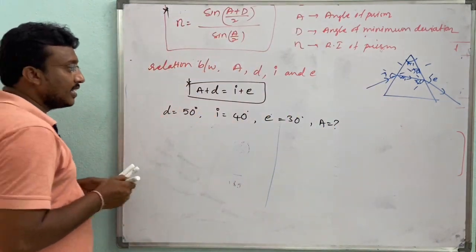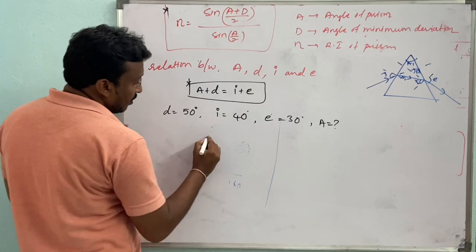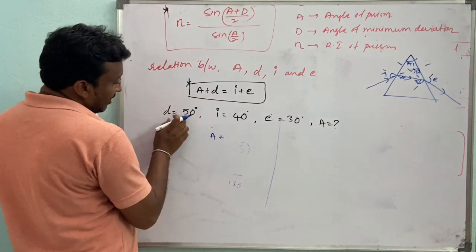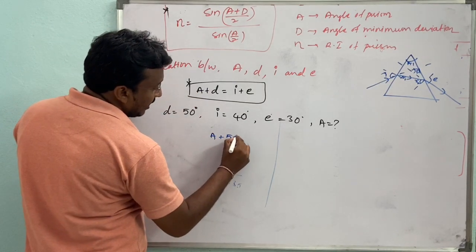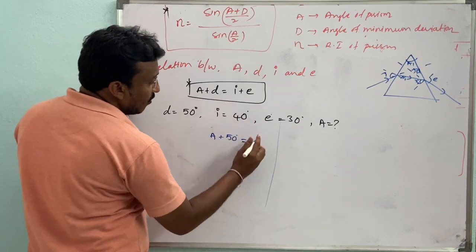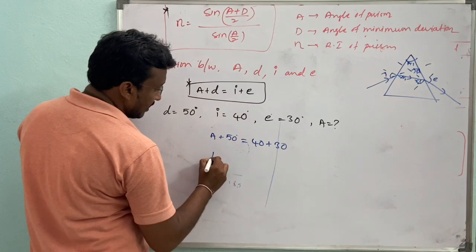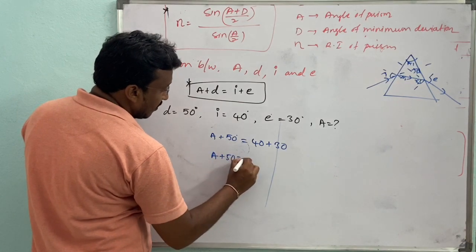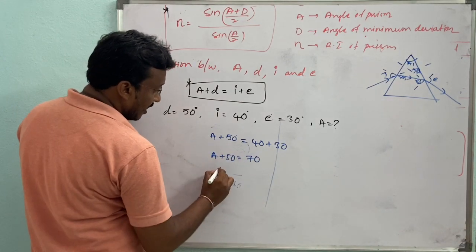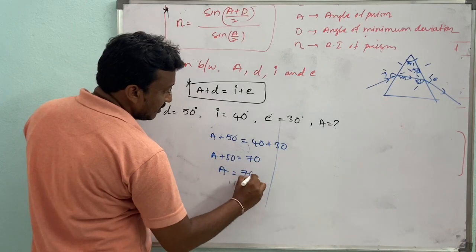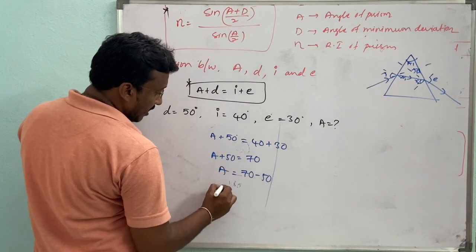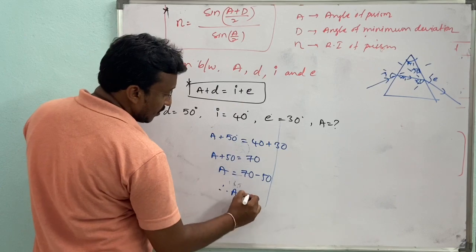In such a case, it is very simple to use this principle. A plus 50 equal to I equal to 40 plus E equal to 30. Then A plus 50 equal to 70 and A equal to 70 minus 50, right? Therefore, angle of prism equal to 20 degrees.